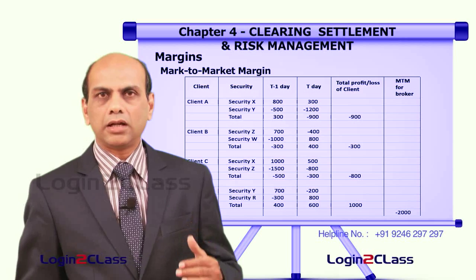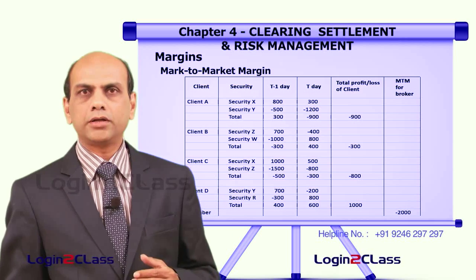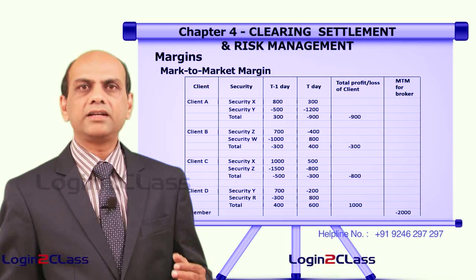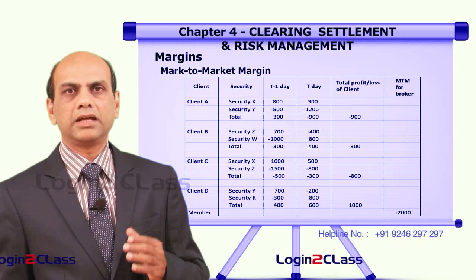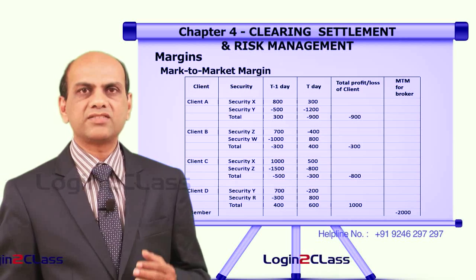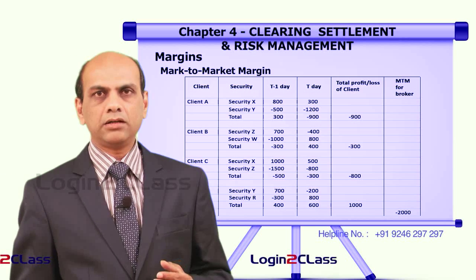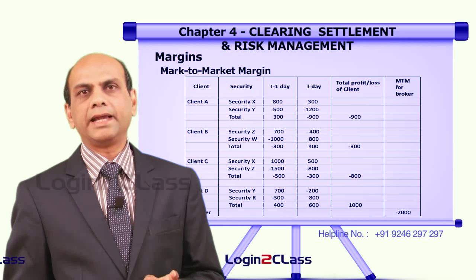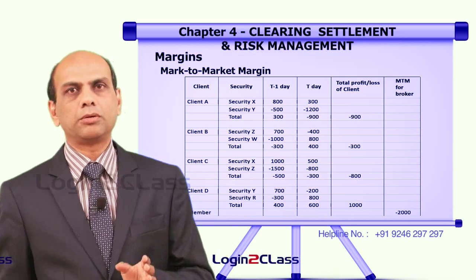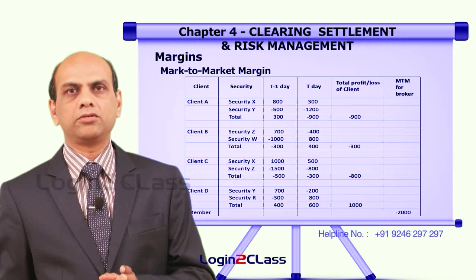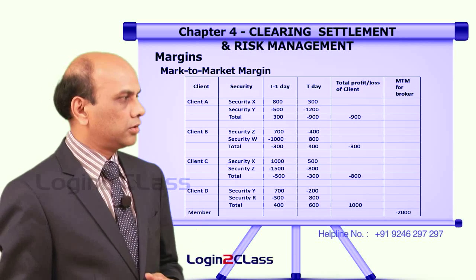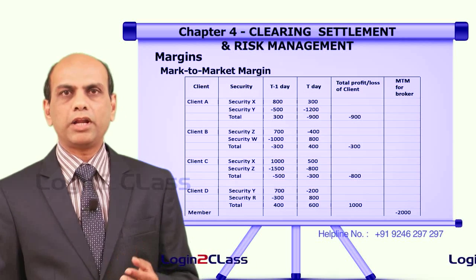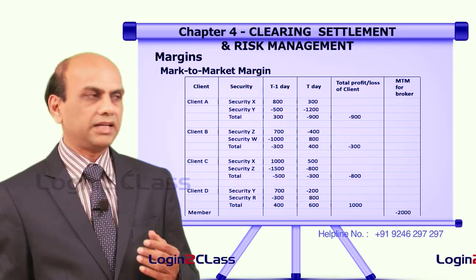That means in the last 2 days the trading member would have paid totally 2000 rupees MTM towards his clients A, B, C and D, based on the transactions those clients have done and how the clients' positions have gone into a negative situation because of the change in the market price of those respective securities. So this is an excellent example which will explain how the MTM arises.